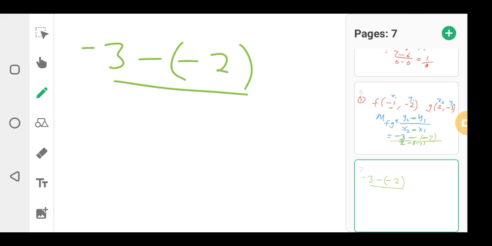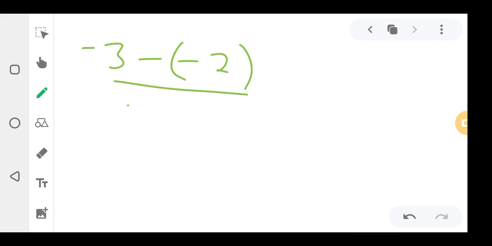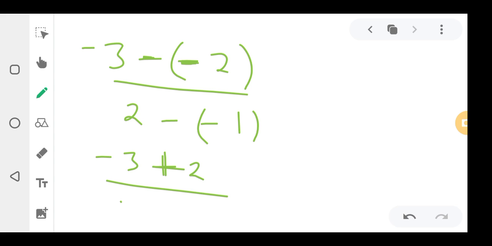We have negative 3 minus (negative 2) over 2 minus (negative 1). So that would be negative 3. These two negatives form a plus, so plus 2 over 2. This negative and this negative also form a plus, plus 1. So that will be equal to negative 3 plus 2, which is negative 1, over 2 plus 1, which is 3.